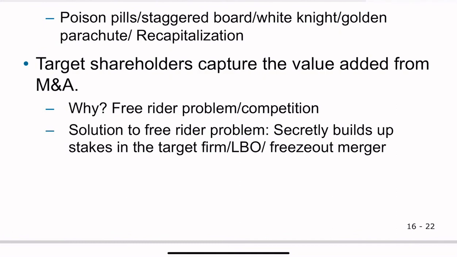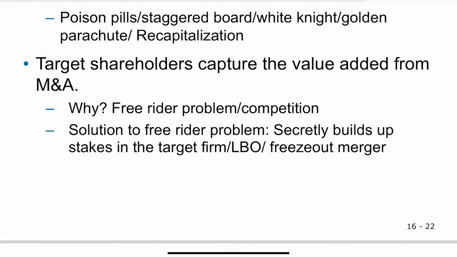Now, why do we get this result? Well, the explanation is, first, we have this free rider problem. And then second, we have the competition between acquirers. Free rider problem basically means these target shareholders understand that once the acquiring firm acquires the target, they will make improvements to the target firm. So they understand that in the future, the target firm will have a higher value.